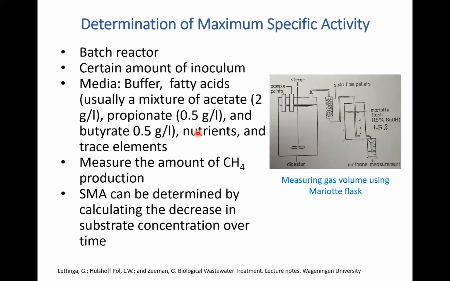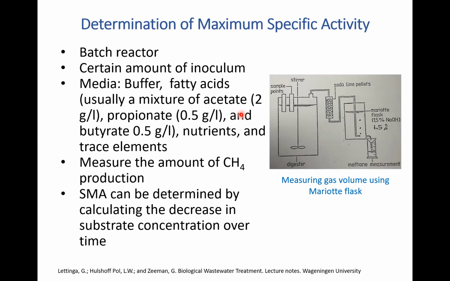We include a certain amount of inoculum in this reactor, and we have a media. In the media, we have a buffer. We have volatile fatty acids because we are concerned about the activity of methanogenesis.